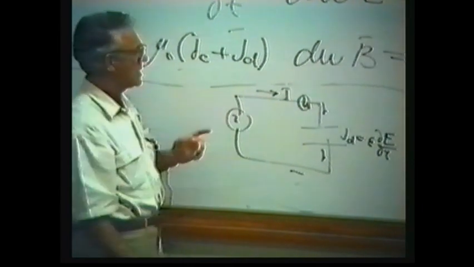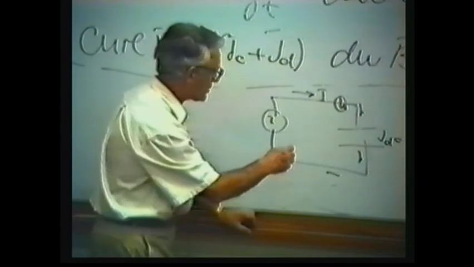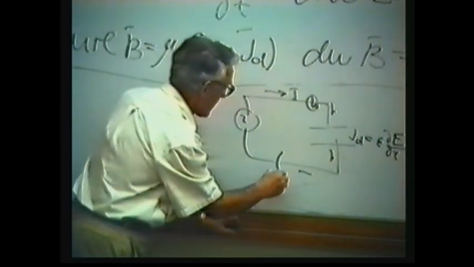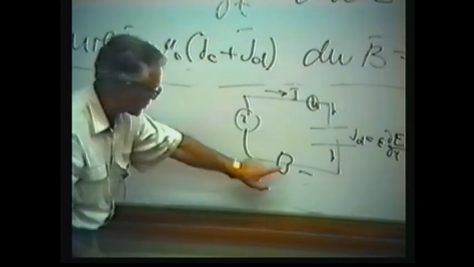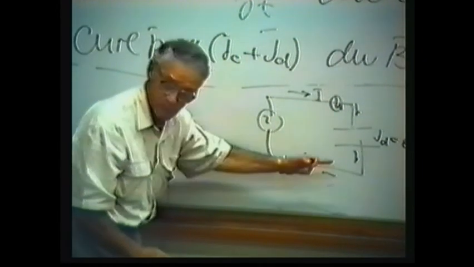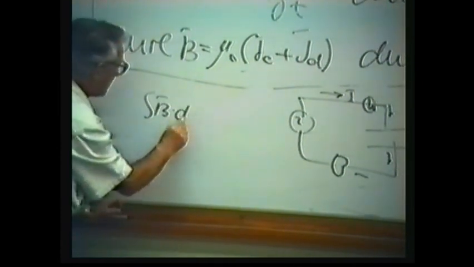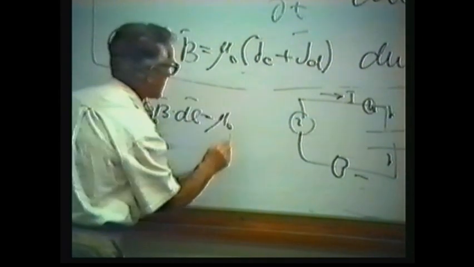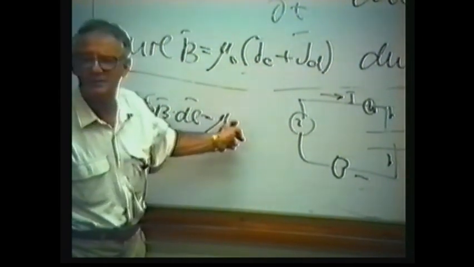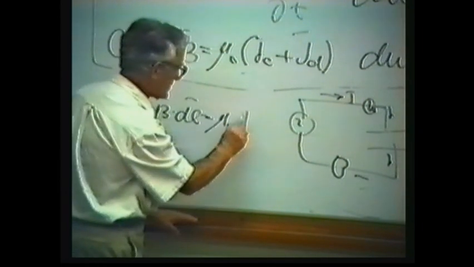Now, we remember Ampere's law. Ampere's law tells you, take a contour around a wire. The integral of B dl along this contour is equal to mu naught times what? Please remind me, we discussed today. Current. What is the current?